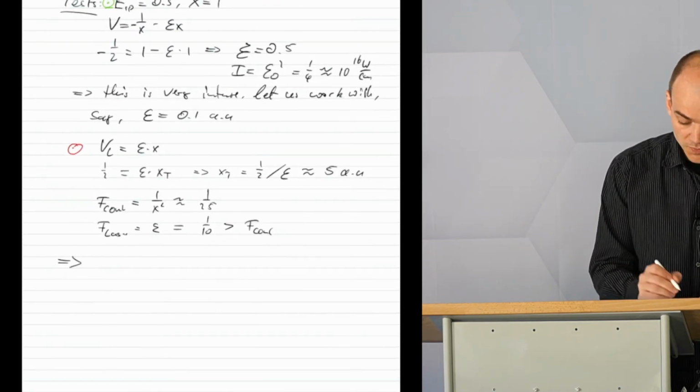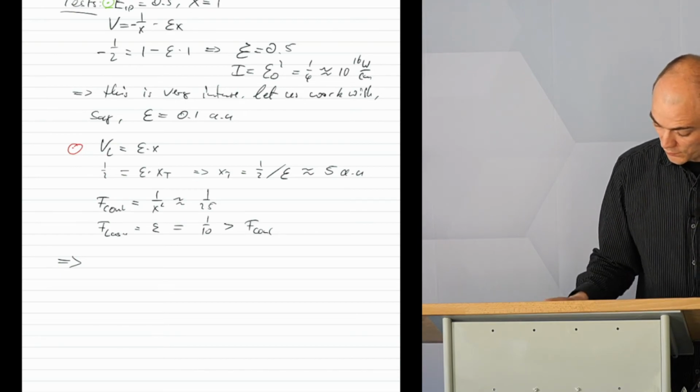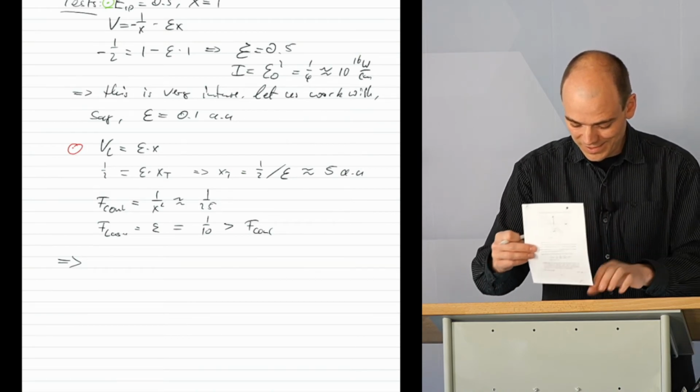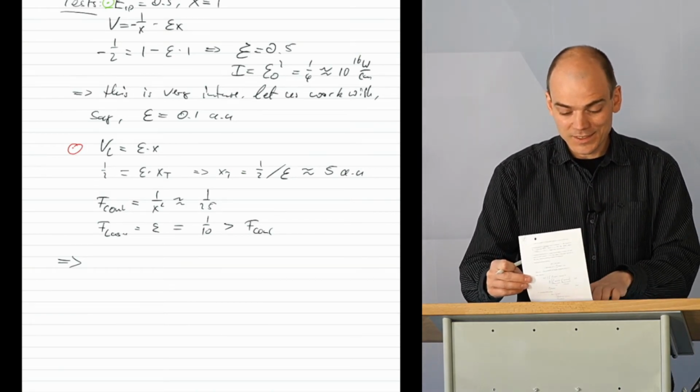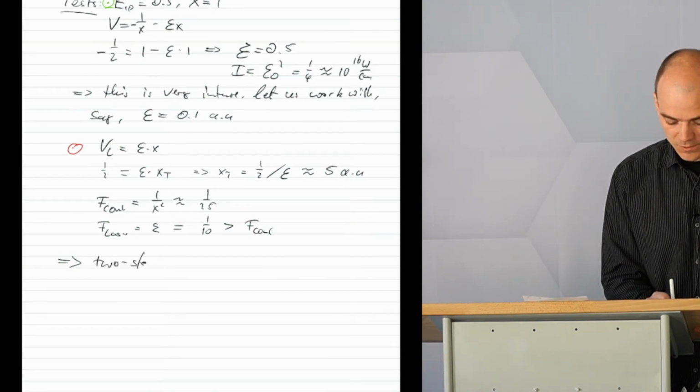Okay, so this is now basically the conclusion for the first part. So this leads us to our two-step model.